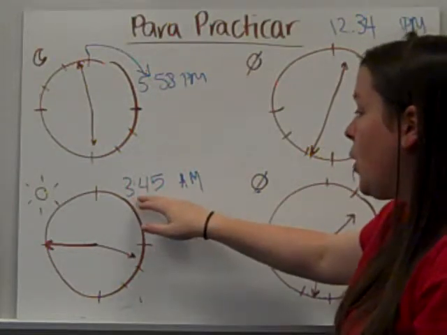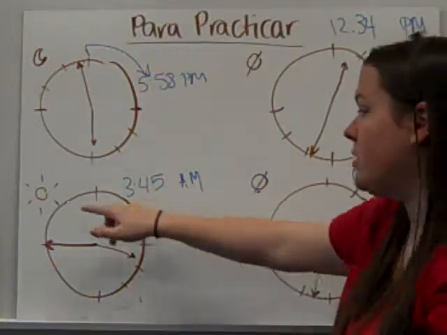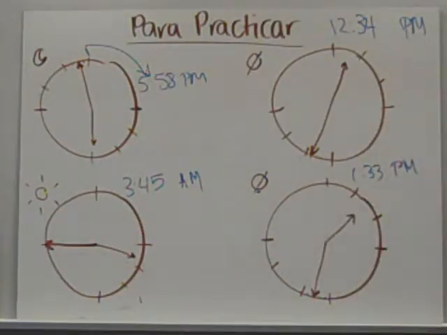So son las 4 menos cuarto de la mañana, morning. And right here, 1:33, so approaching 2, son las 2 menos 27 minutes to, menos 27 de la tarde.